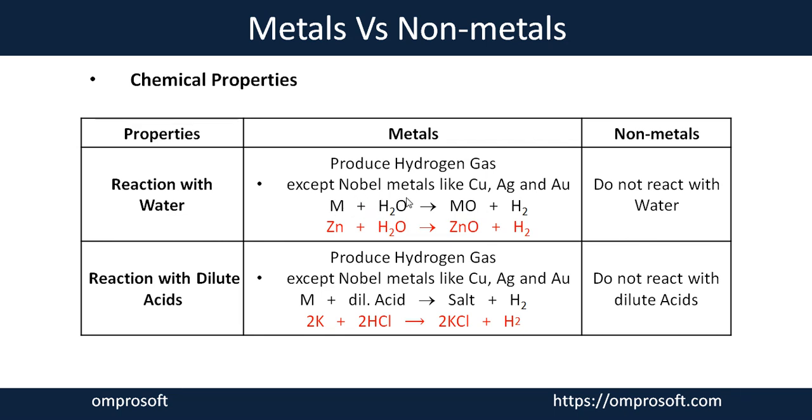Some noble metals like copper, silver, and gold do not take part in this reaction because they are stable in nature, so they are less reactive as compared to other metals. Like zinc, which is a more reactive metal, can easily combine with water and form zinc oxide and hydrogen gas is liberated.